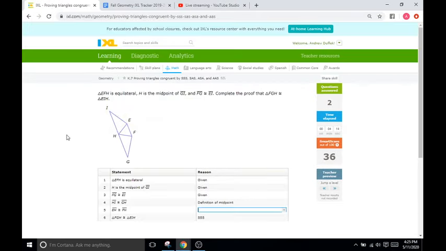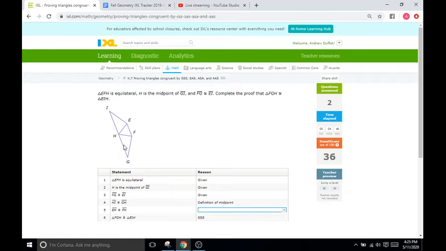Cool. So we know that triangle EFH, this middle triangle here, is equilateral, meaning all three of these sides are going to be congruent, the same length. We know that H is the midpoint of GI, so this point right here is halfway between G and I, meaning that it's going to split GI into two equal halves, the key word there being equal, meaning these two are going to be congruent.